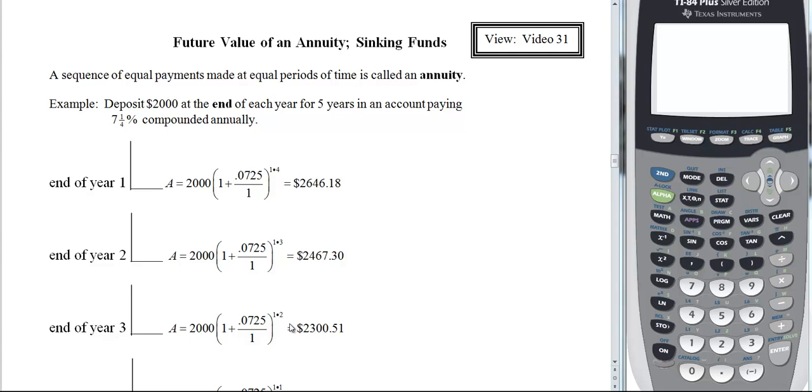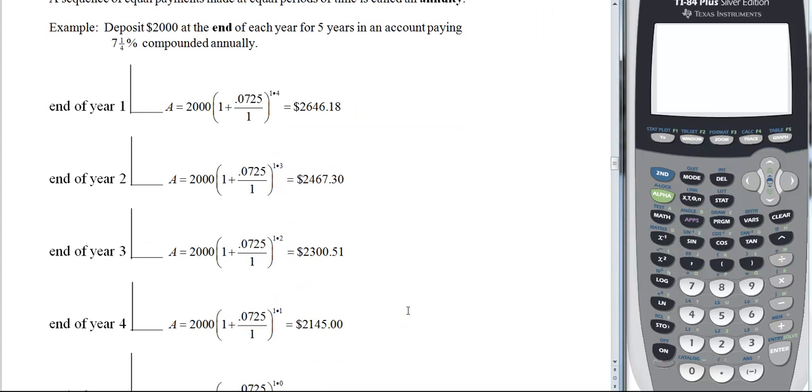End of year 3, well, it's only in there for 2 years, so this money will grow to that amount. End of year 4, notice 1 year it's going to be in there accumulating interest, and that will grow to $2,145.